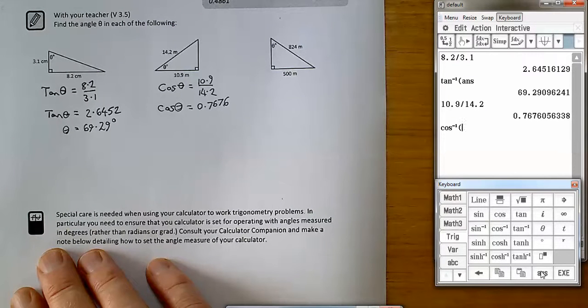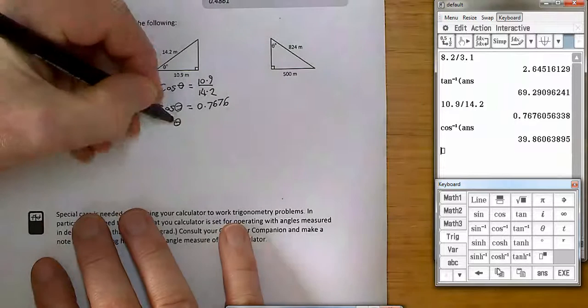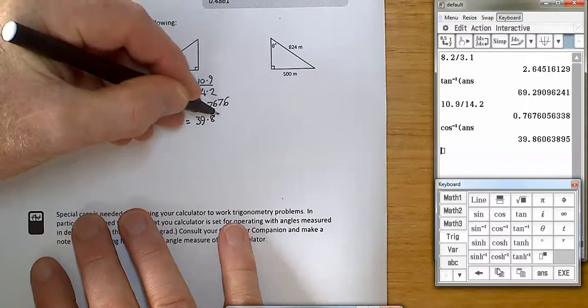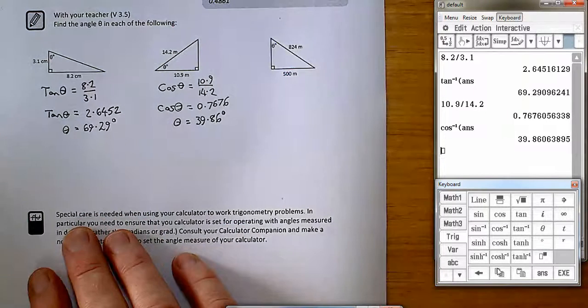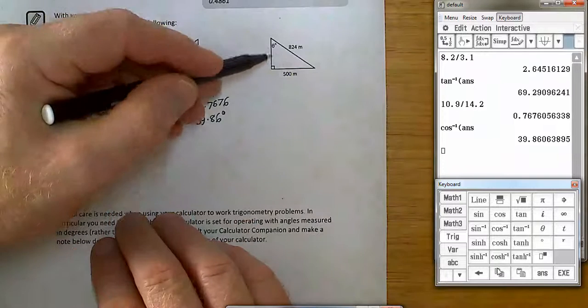I could type the number in here if I wanted to, but there's no need. And so I get theta equals 39.86 degrees.